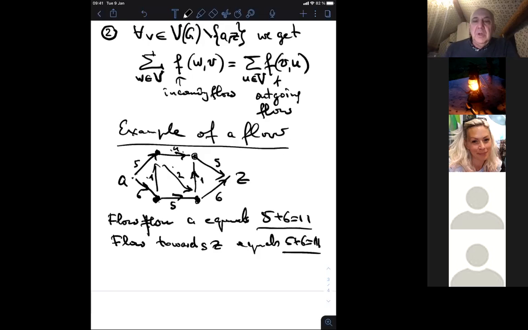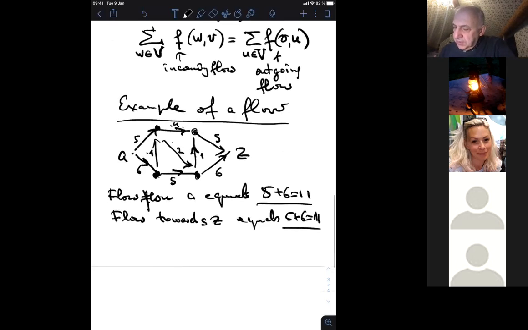Now, our optimization problem would be as follows. Given a traffic network, a transport network with its restrictions on the capacity, we want to maximize the total flow which we can put through this network from the source to the sink. We're given this directed graph with one source and one sink and positive integer weights, and we want to know what is the maximal flow we can achieve in such a network.